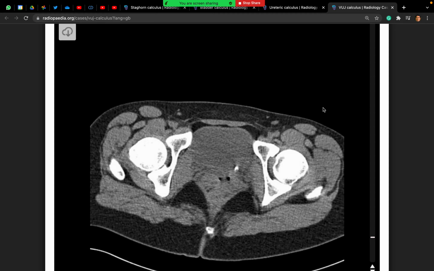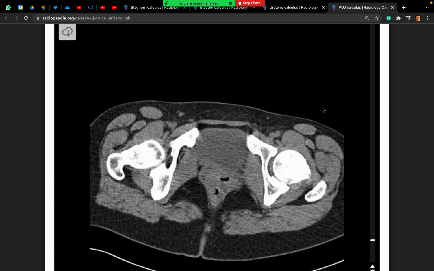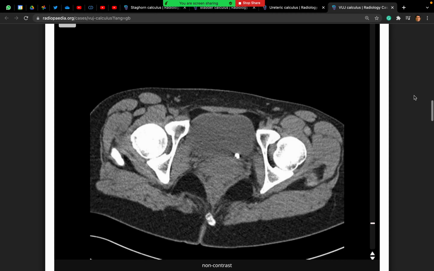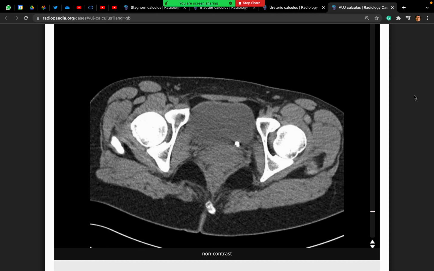Okay, and there is evidence of a distal ureteric stone on the left side. I will need to measure this to confirm the size, as well as the Hounsfield unit of the stone. Okay, the size of the stone is 6 millimeter and Hounsfield unit is 950 HU.